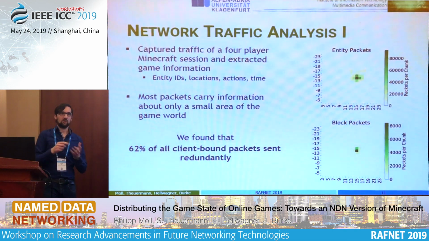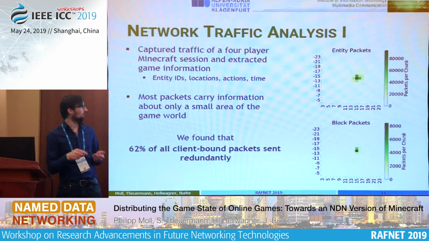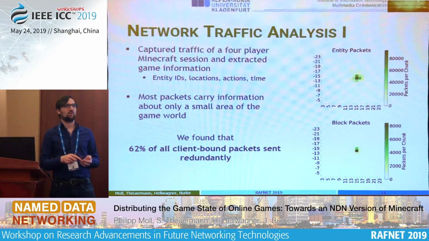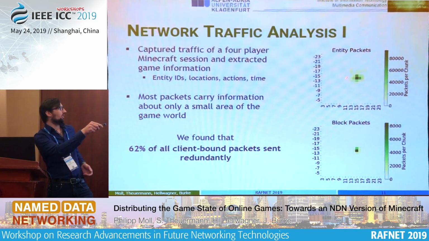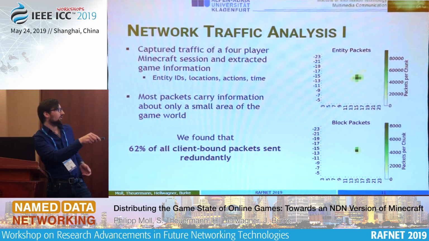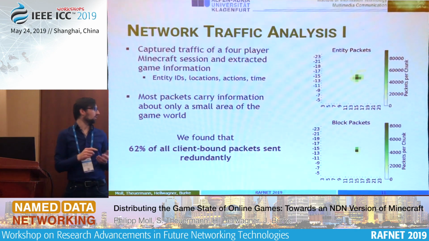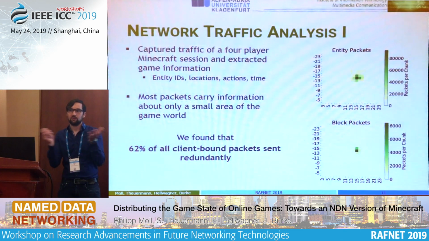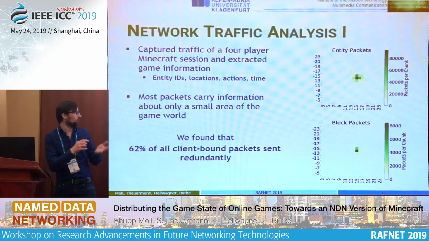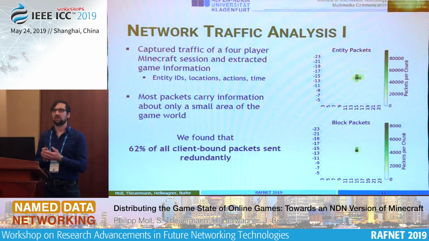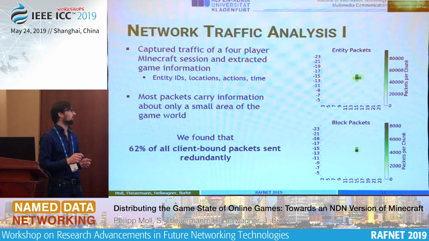Our first observation from this multiplayer gaming session was that the packets are carrying traffic which is only for a very small portion of the game world, as visualized here in these two graphics. Because it's a 4-player game, this was the first indication that a lot of traffic is possibly sent redundantly to all the clients.